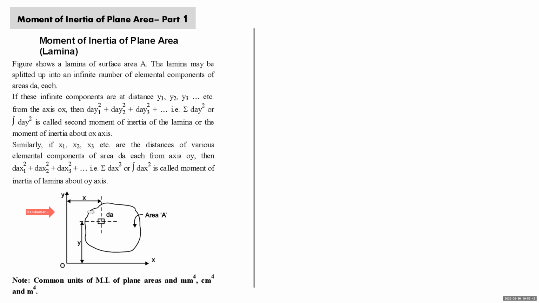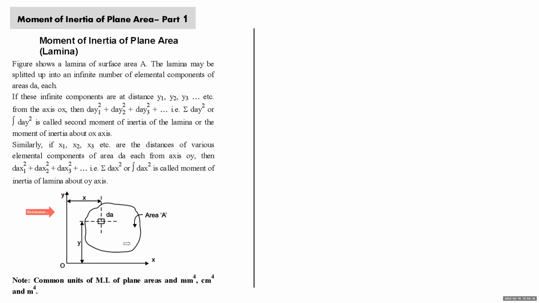We consider that this area is split into an infinite number of elemental components having area dA. One such component is shown at distance x. Assume that one component is at distance x1, another is at x2, another is at x3. Then summation dA x1 square plus dA x2 square plus dA x3 square, or summation dA x square, or integration of dA x square, is called the moment of inertia of the lamina about reference axis OY.